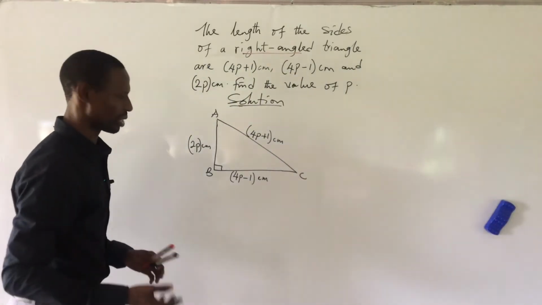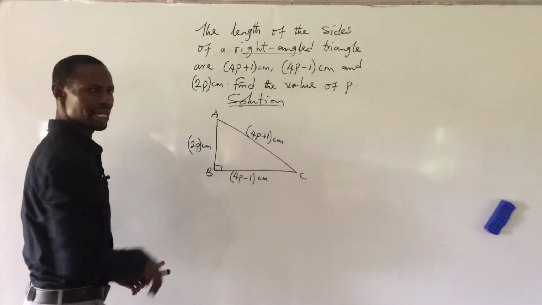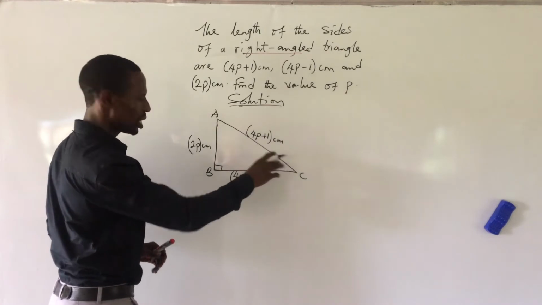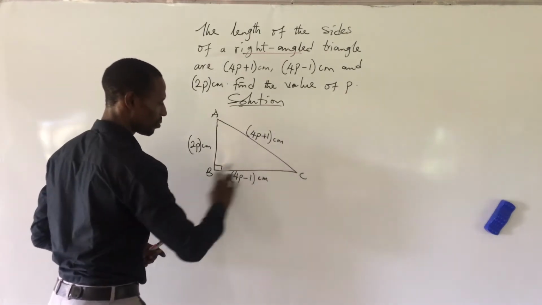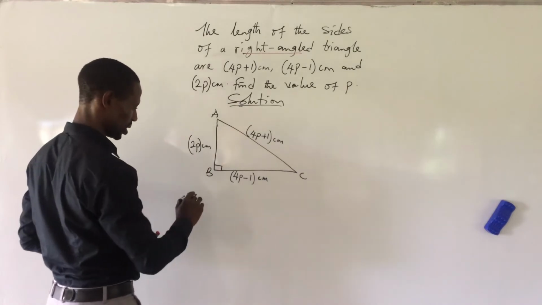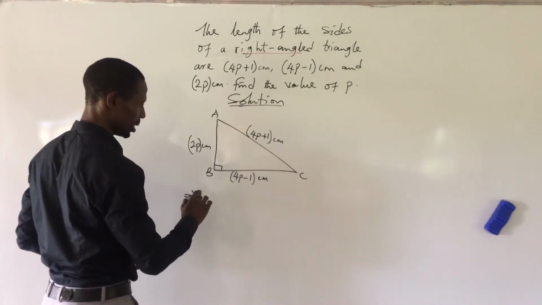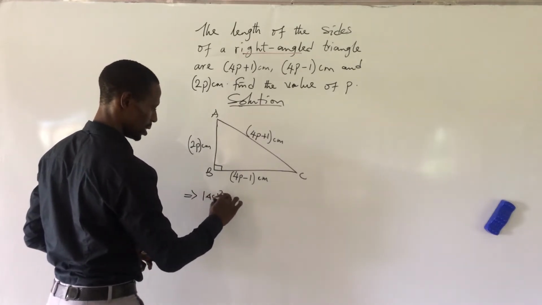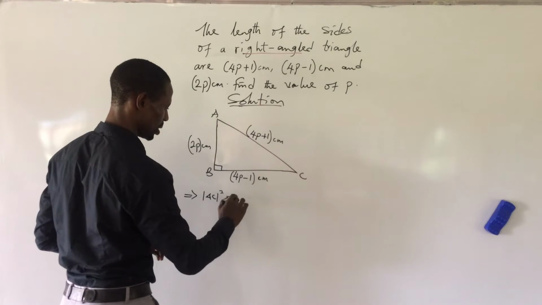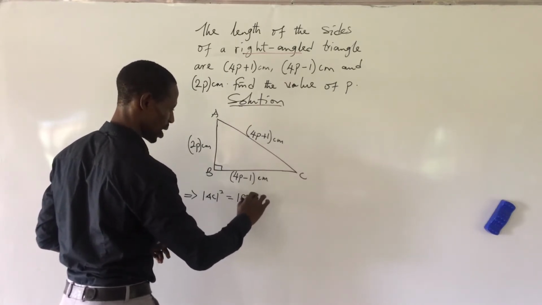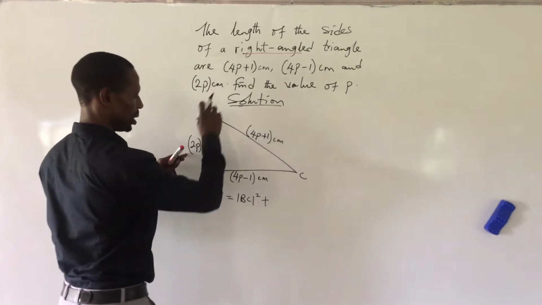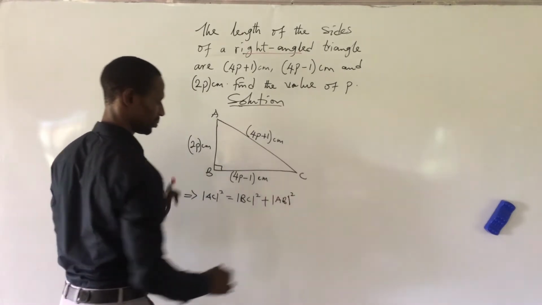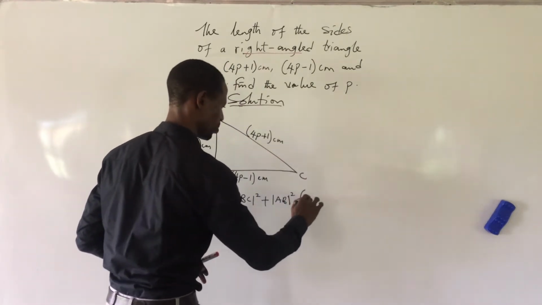So let's bring out the Pythagoras formula using this lettering also. It says that the square of the hypotenuse is equal to the square of the adjacent plus the square of the opposite. So this implies that line AC squared is equal to line BC squared plus line AB squared. This is what we call the Pythagoras theorem.